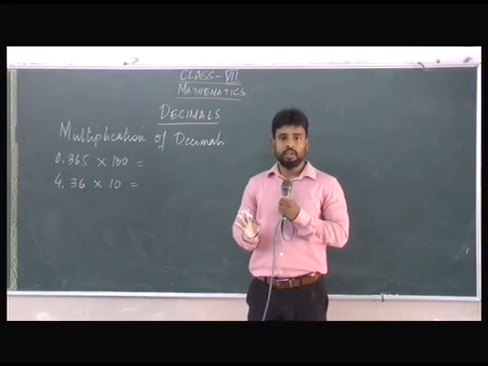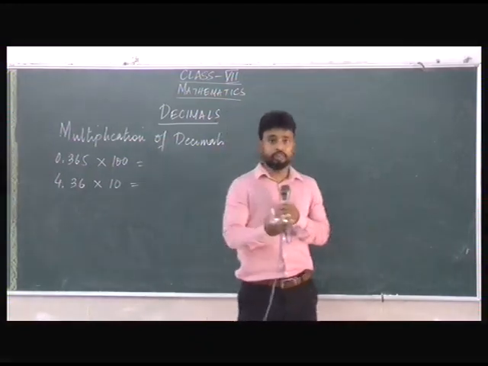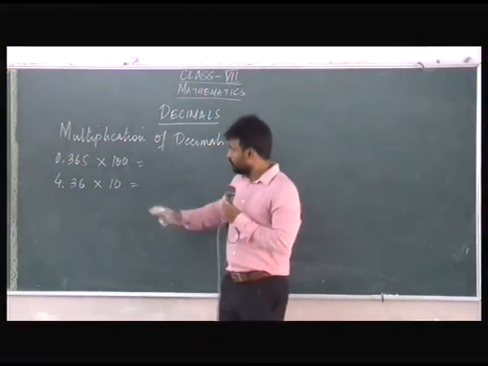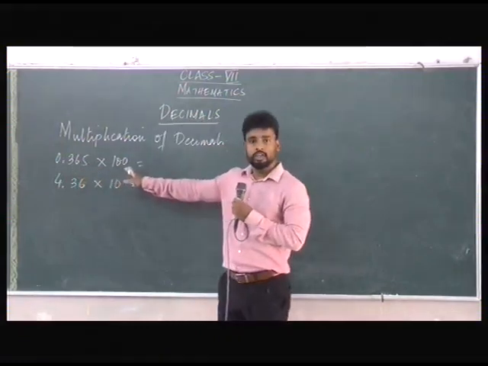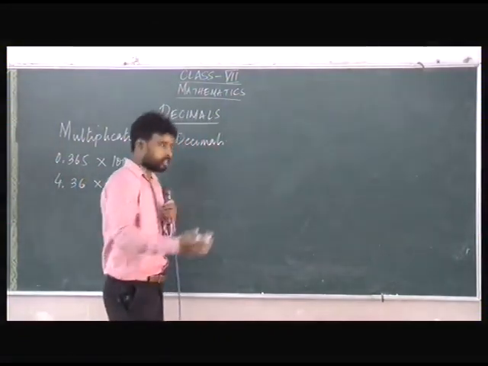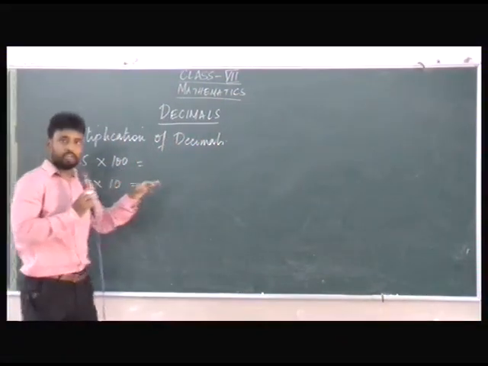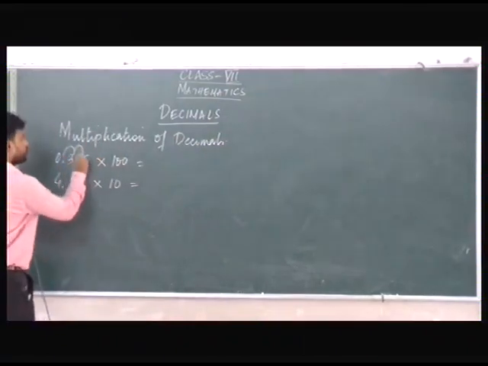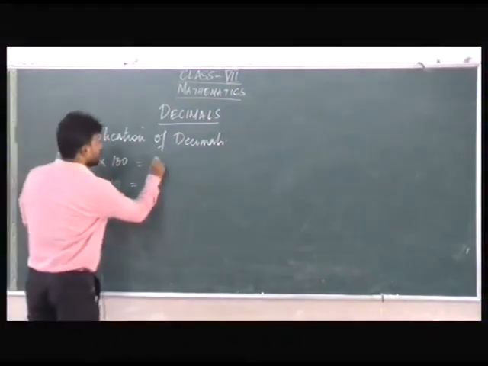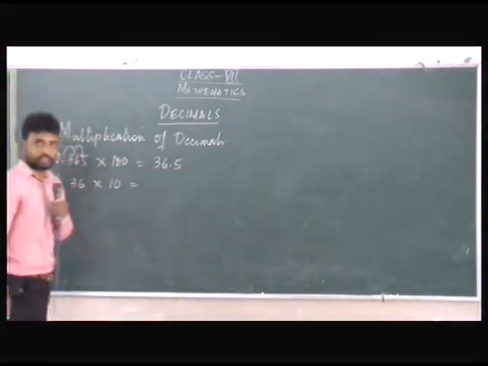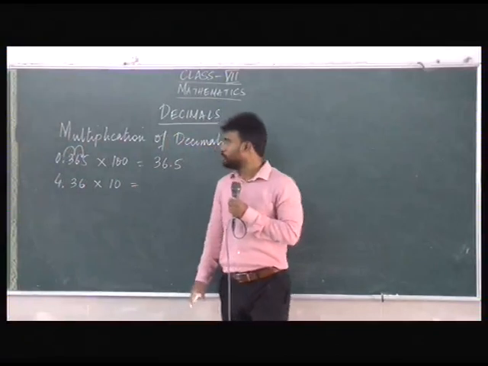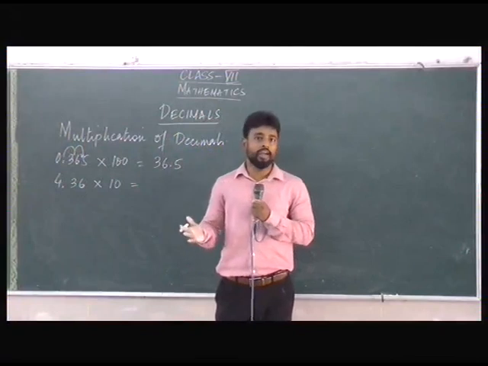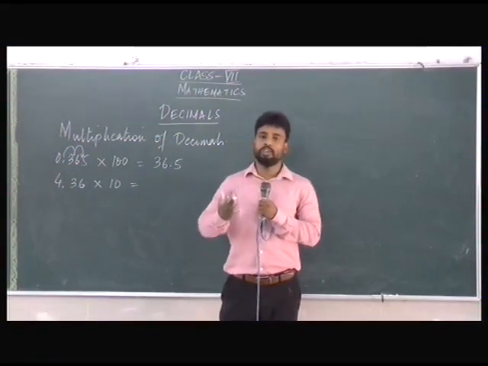Move the decimals. The decimal will move as many places as the number of zeros. For example, when we multiply 0.365 with 100, the decimal will move to the right. Since 100 has 2 zeros, the decimal will move 2 places to the right. Your ultimate answer will be 36.5. So whenever you want to multiply with numbers such as 10, 100, 1000, etc., do not multiply, just shift the decimals to the right as many places as the number of zeros.